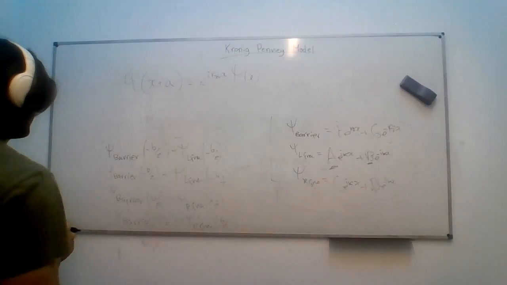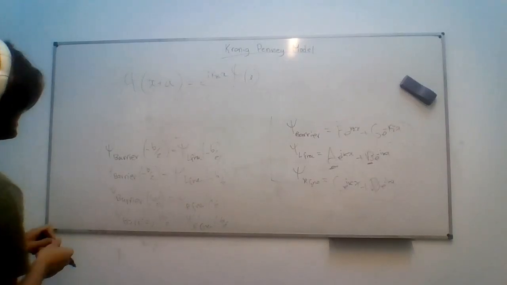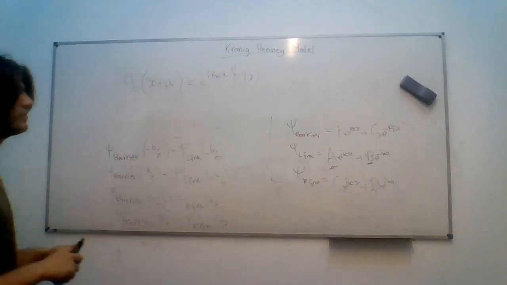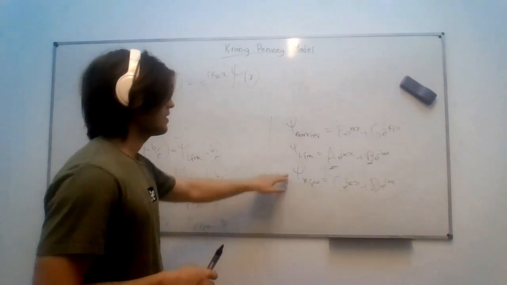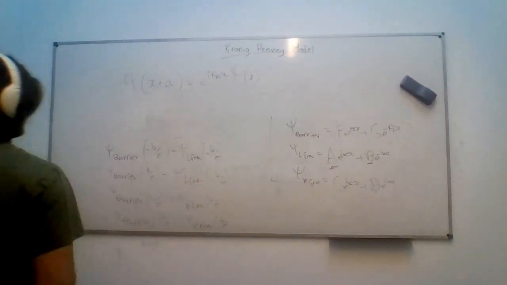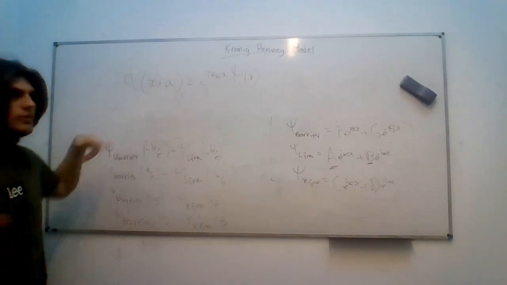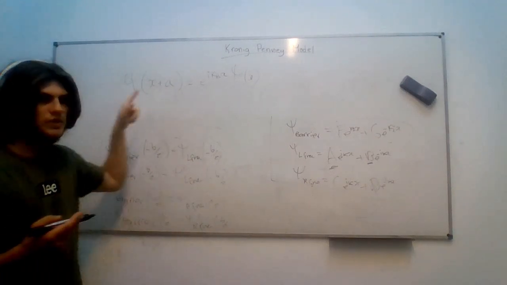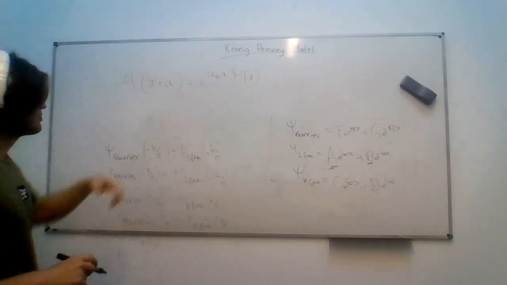Well, we use that to relate the left and the right wave functions, so the left free and the right free, because those are separated by A. If you remember the diagram, they're at opposite ends of the unit cell. So that means that they must follow Bloch's theorem as well.